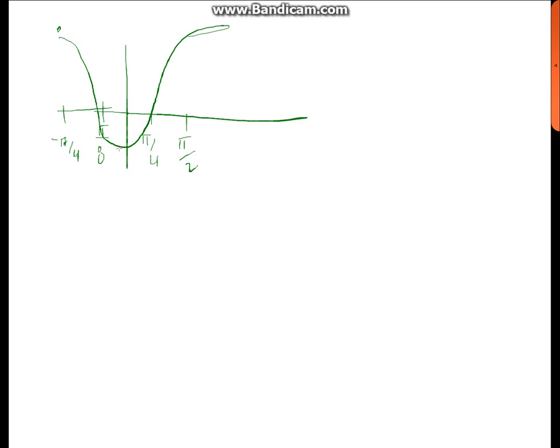So we end up getting this: negative pi over 4, negative pi over 8, 0, pi over 8, pi over 4. And then finally, we get 5, 1. So it should be something like this. The lowest point should be negative 1, and the high point should be 5.